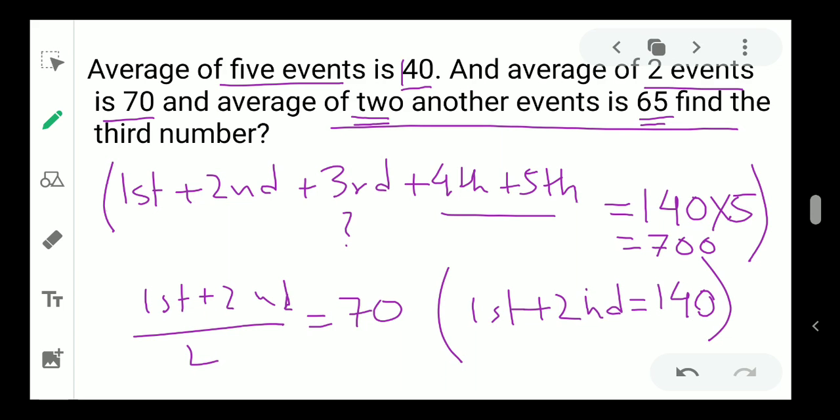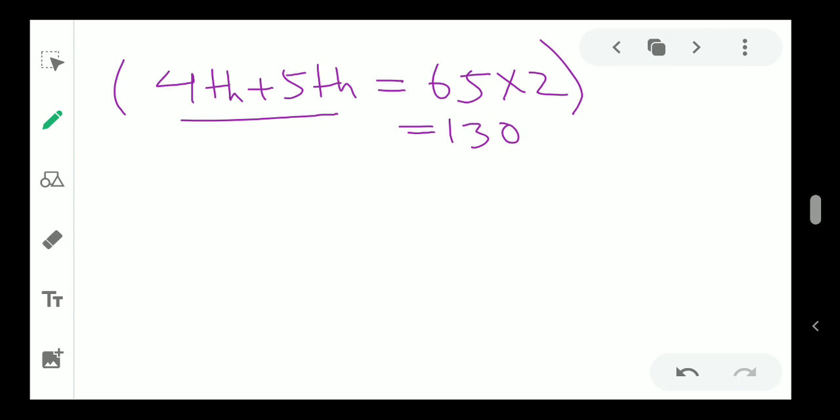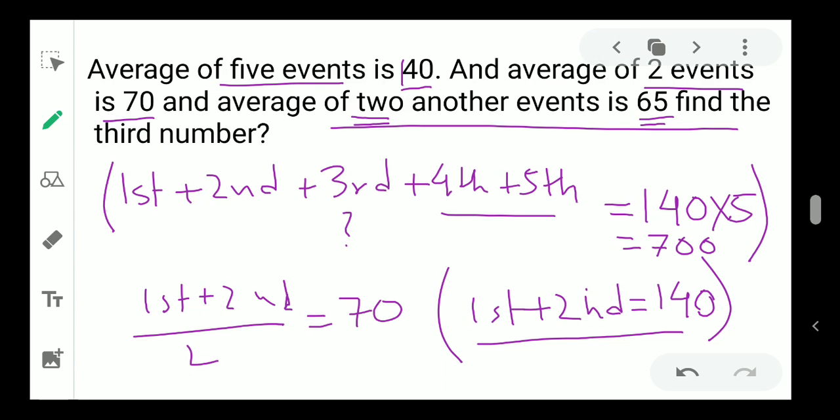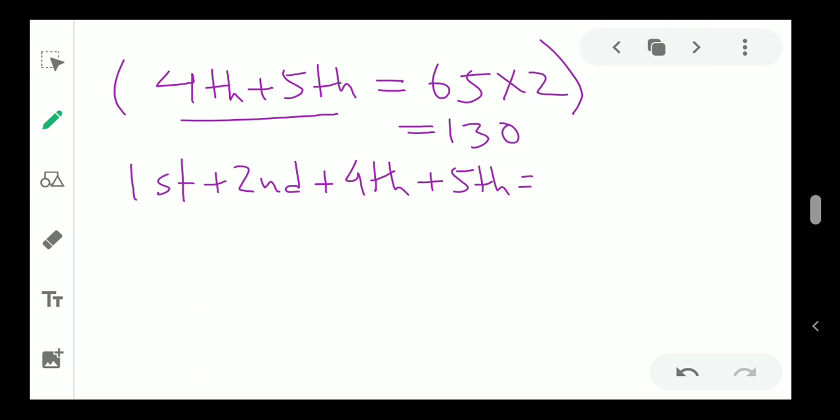Okay, so one thing you can see, the first, second and fourth, fifth we have got. So we know now the first plus second plus fourth plus fifth event. So how much will it come? 140 plus 130. So this will become 270.